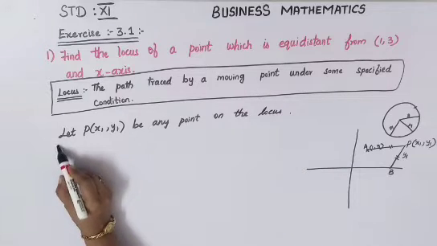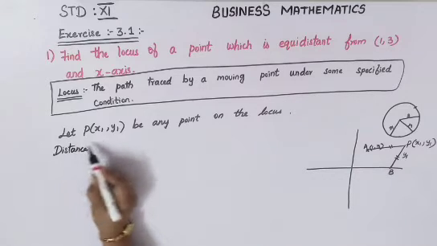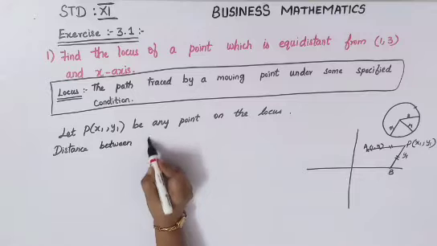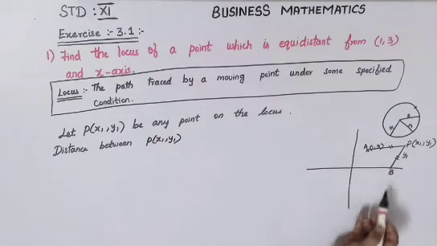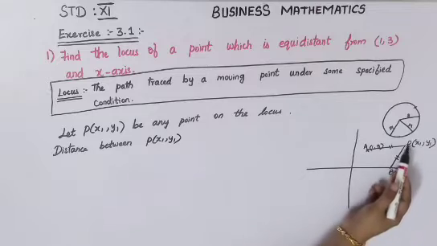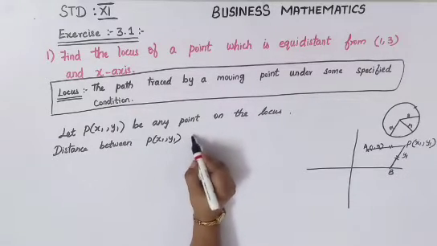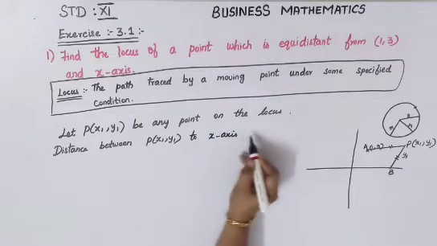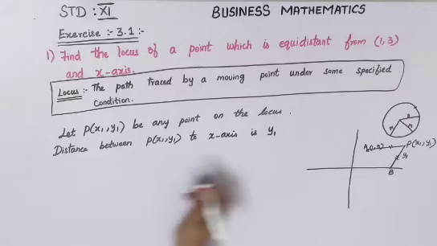So the distance between P(x1, y1) and your x-axis here, the distance between this and this will be y1. So P(x1, y1) to your x-axis is y1.